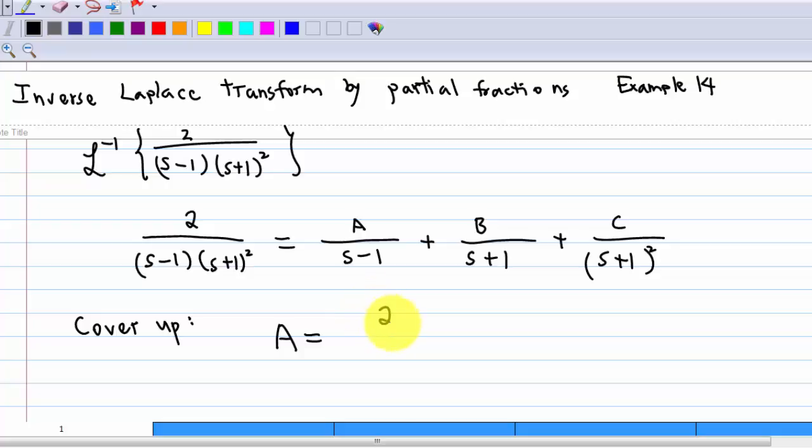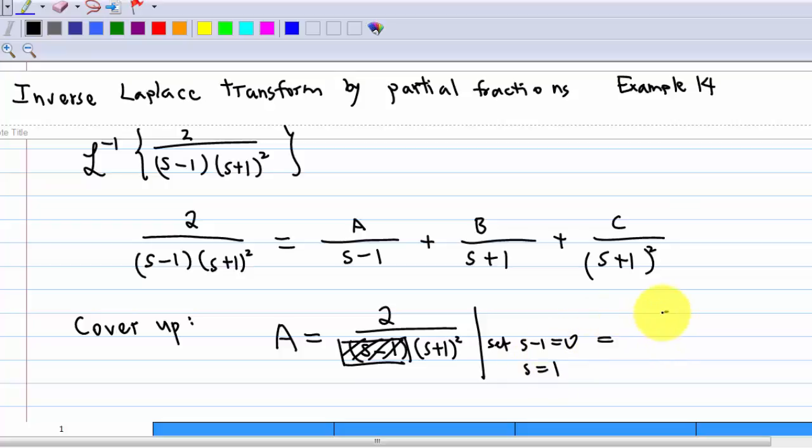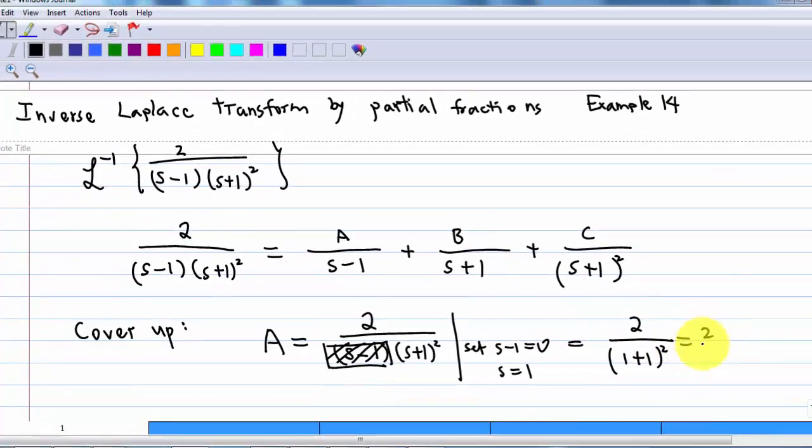So you copy the original expression, 2 over (s minus 1)(s plus 1) squared, and then you cover up s minus 1 since A is above s minus 1, and you set s minus 1 equal to 0, or s equal to 1. This means A is equal to 2 over (1 plus 1) squared, which is 2 over 4, or half.